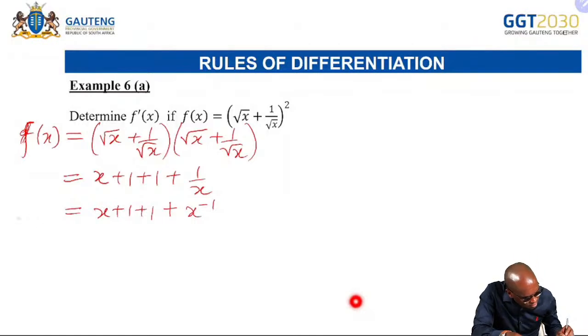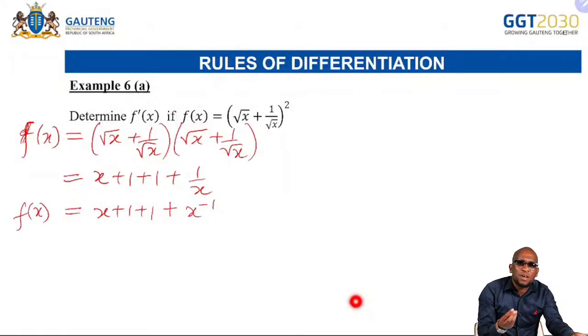So now I can differentiate. If you check here, I did not write it as f prime of x because I was not differentiating; I was simplifying this equation first before it could be differentiated. You only write the notation when you start differentiating.